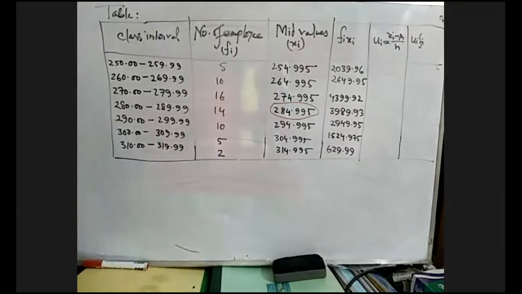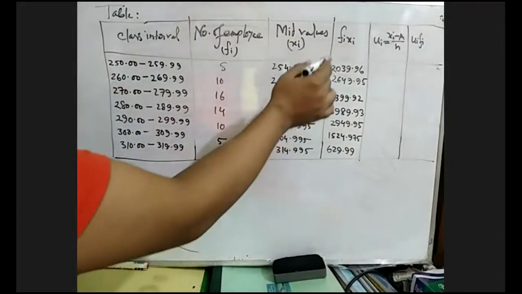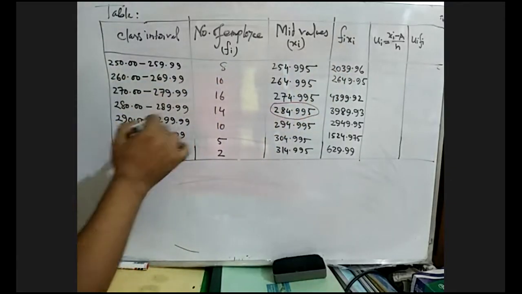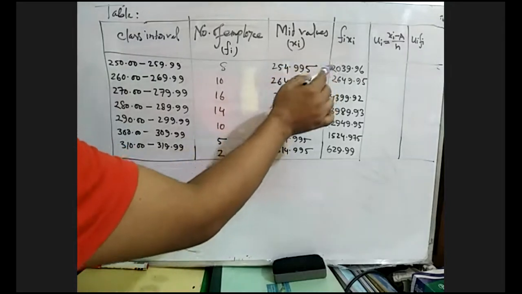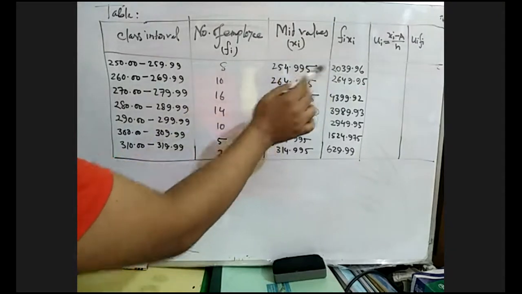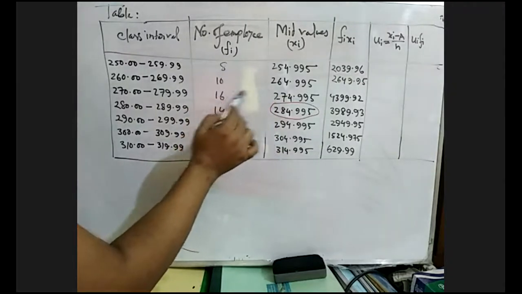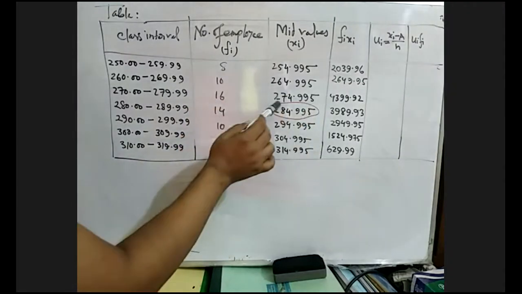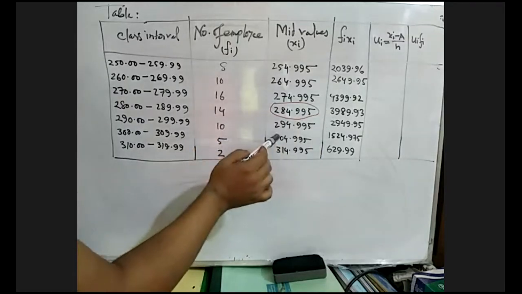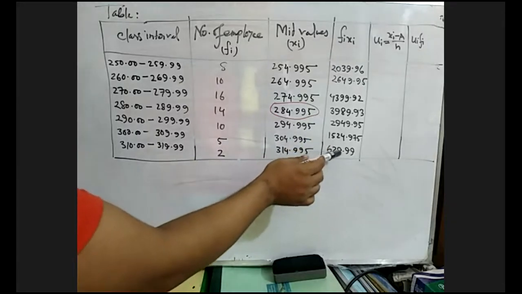So the mid values are found by adding and dividing by 2, and we get this column of mid values xi. And fixi, here i goes to 7 because there are 7 classes. The first mid value of the first class multiplied by 8 will be this, 10 multiplied by the second, 16 multiplied by the third mid value, 14 multiplied by the fourth, 10 by the fifth, 5 by the sixth, and 2 multiplied by 314.995 will be this.